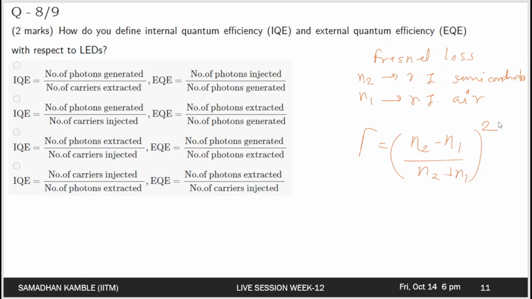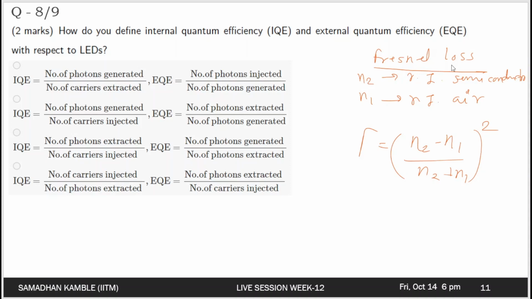The reflection coefficient lambda is the fraction of incident photons that are reflected back into the semiconductor. So we want this reflection to be minimal, so that we get our photons emitted in the air. This is another loss mechanism.